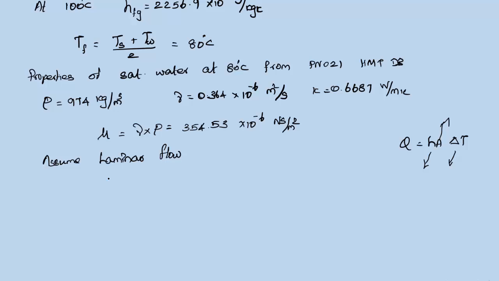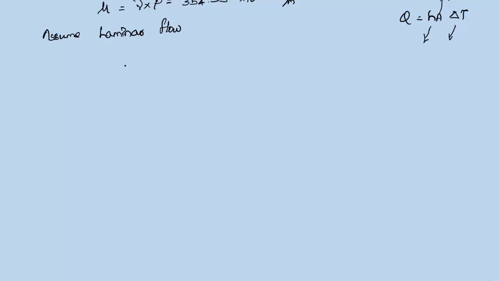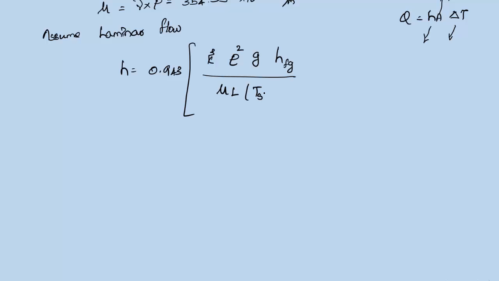So now for H value from HMT data book you have to take the formula. So H equal to 0.943 into K to the power 3 density to the power 2 G into HFG divided by mu into length of the tube into TS minus TW, to the power 0.25.